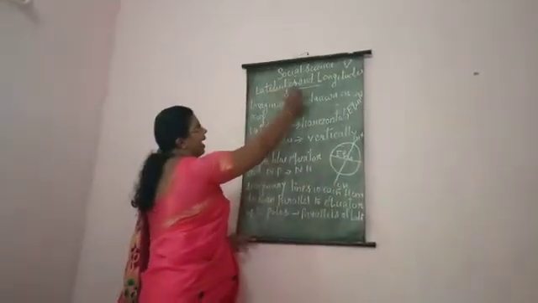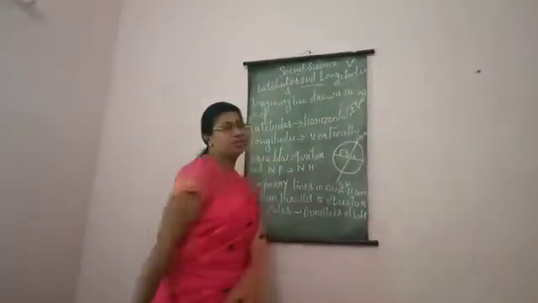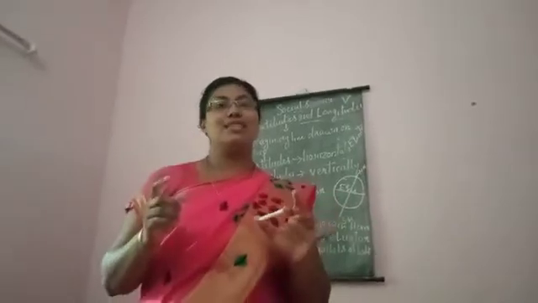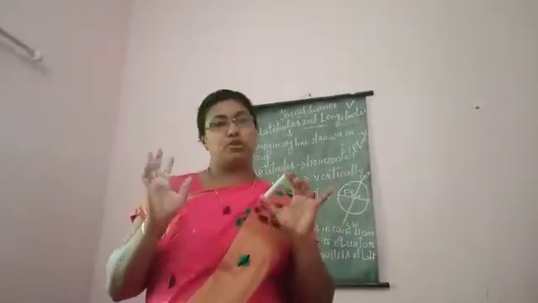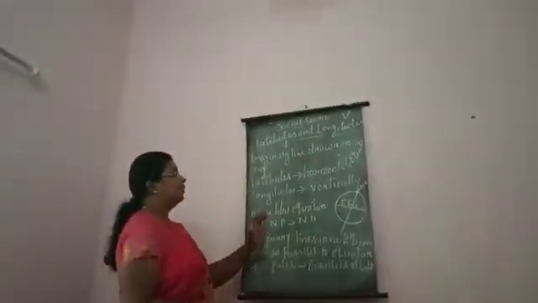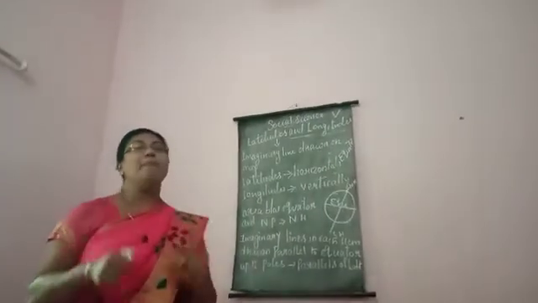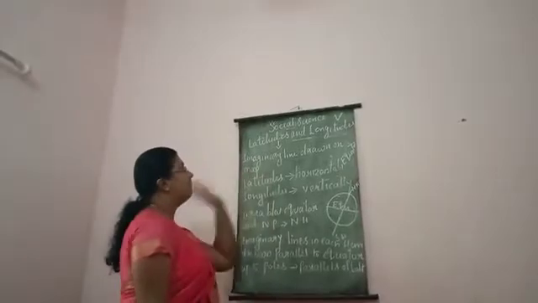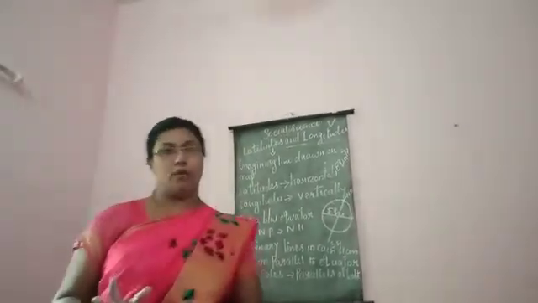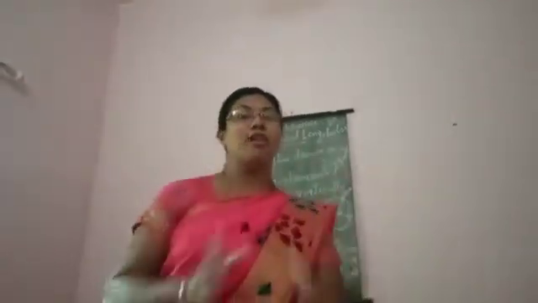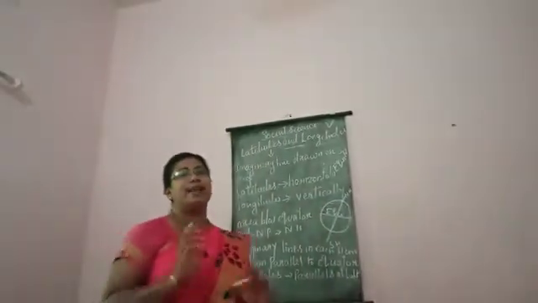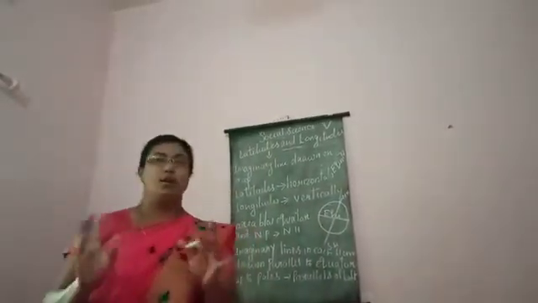latitudes and longitudes. We are dealing with our second chapter, latitudes and longitudes. My dear children, the imaginary lines drawn on a map or a globe horizontally and vertically are known as latitudes and longitudes.